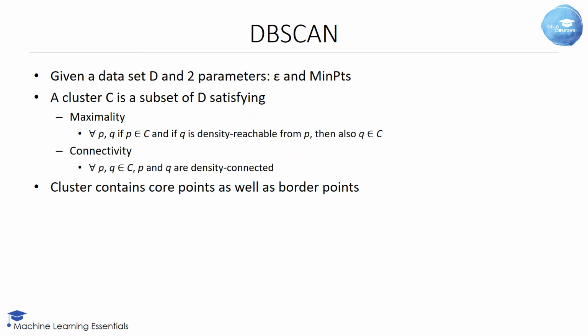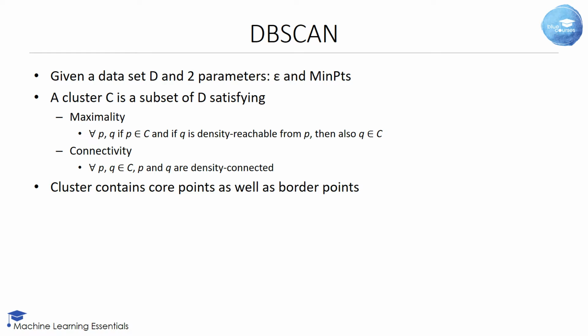We now have the necessary background to start introducing the DBSCAN clustering technique. Assume we have a dataset D and 2 parameters, epsilon and min-PTS. A cluster C is a subset of D satisfying 2 conditions.